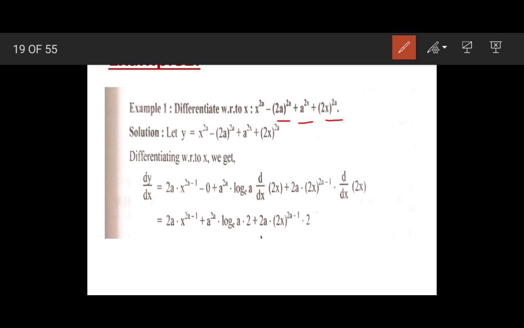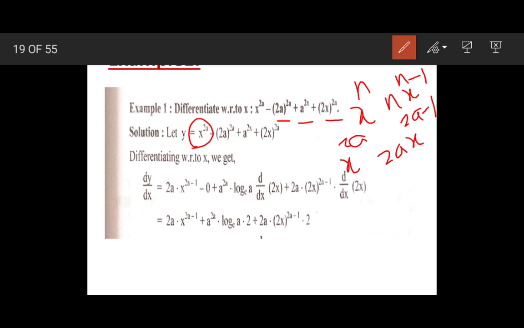So derivative dy upon dx is equal to, first, x raised to 2a. Since derivative of x raised to n is n x raised to n minus 1, the same formula we are going to apply in x raised to 2a. So derivative of x raised to 2a will be 2a x raised to 2a minus 1.